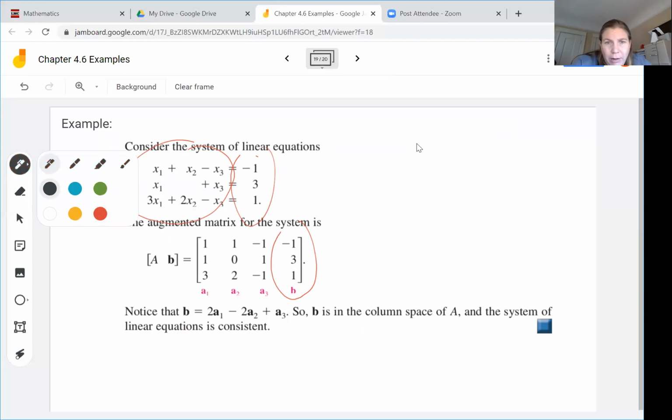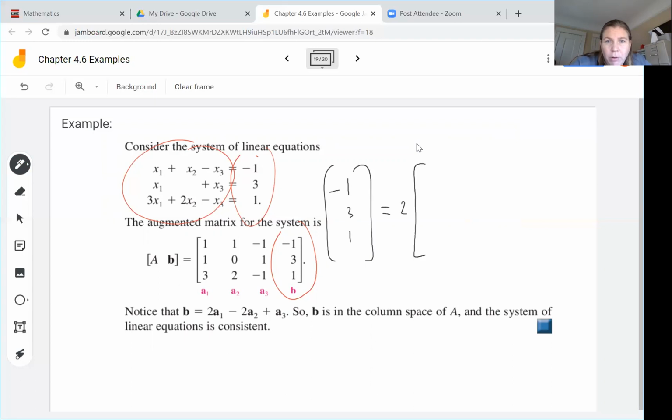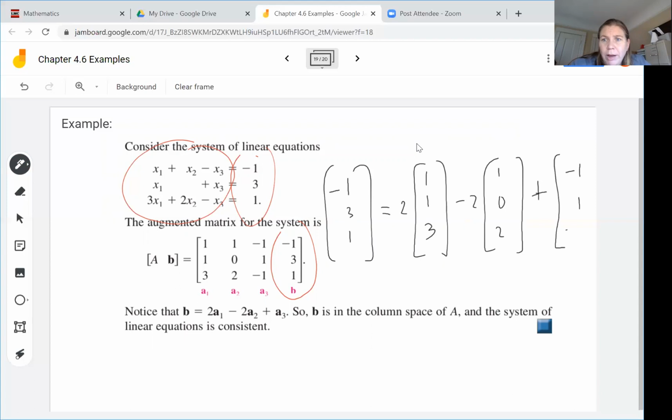So (-1, 3, 1) equals 2 times (1, 1, 3) minus 2 times (1, 0, 2) plus just 1 times a3 here, which is (-1, 1, -1).